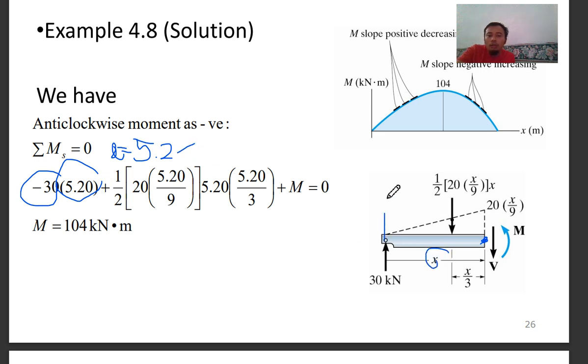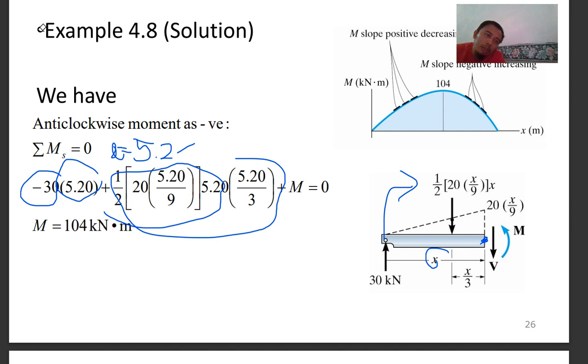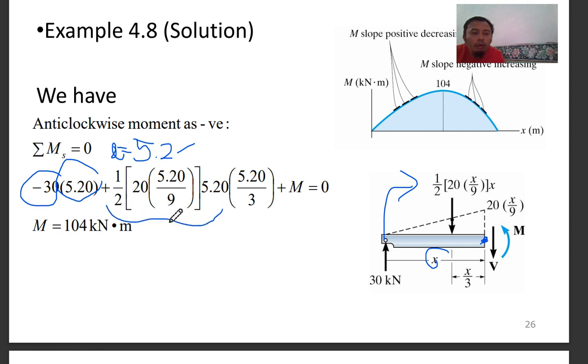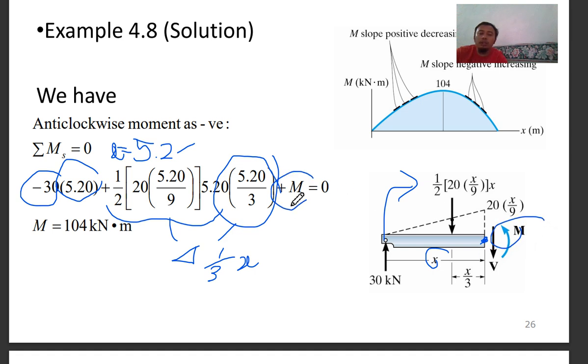Your 30 is negative because it is clockwise. This is your triangular distributed load, and this is the peak load of your triangular load. This is your moment arm for that triangular load, which is one third of x, plus moment we assume positive. So you get your moment at point x, which is the maximum, 104 kilonewton meter.